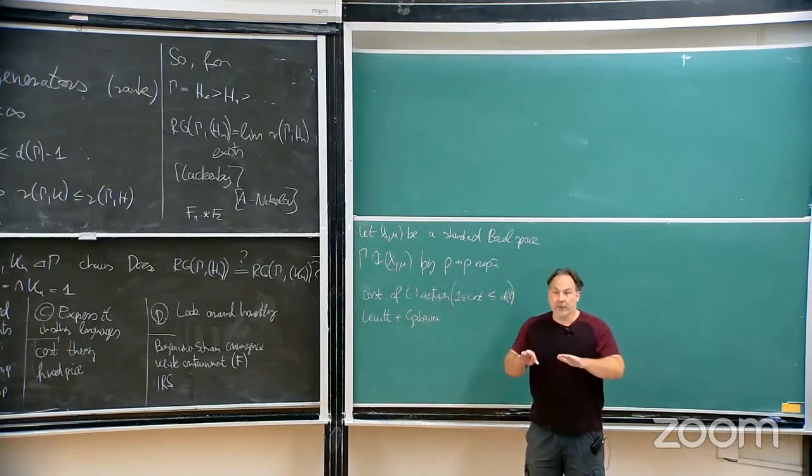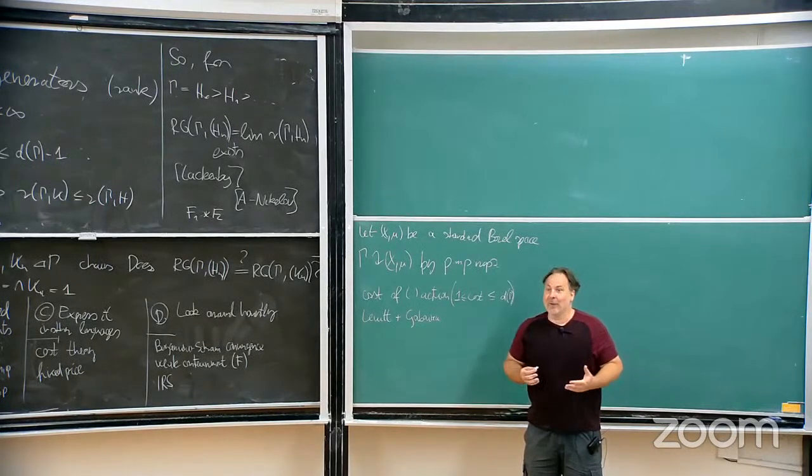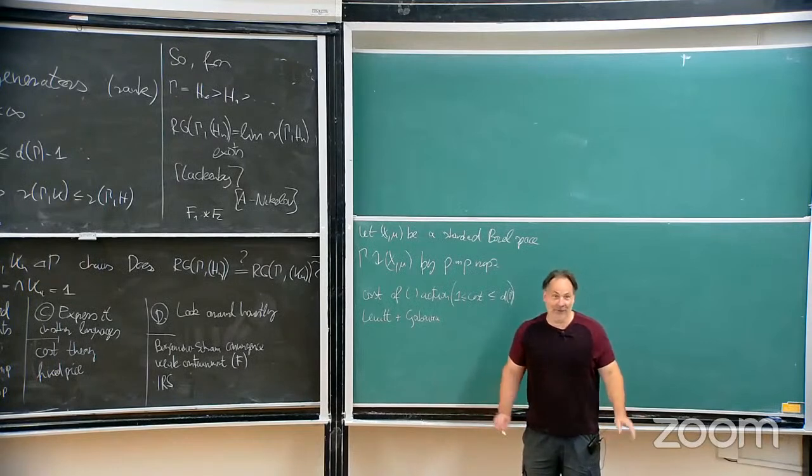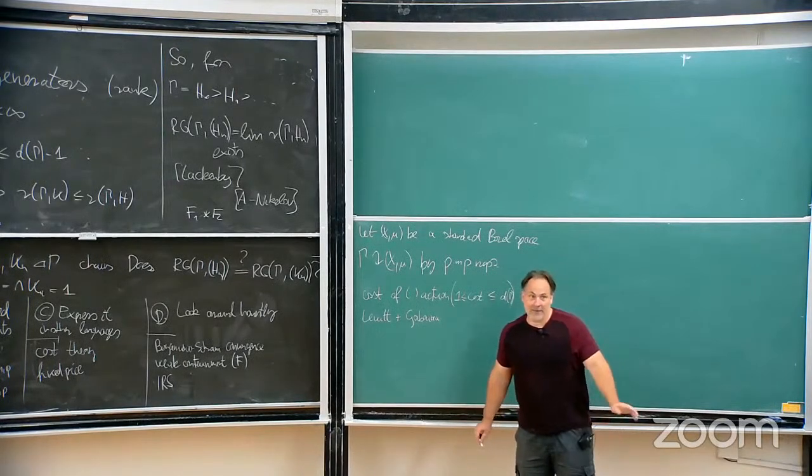And then you take a generating Borel subset for the groupoid that generates the groupoid as a groupoid. The cost is the infimum of the measure of such a generating subset. I won't even write it on the board because I won't have time to explain. So it's a very nice theory.